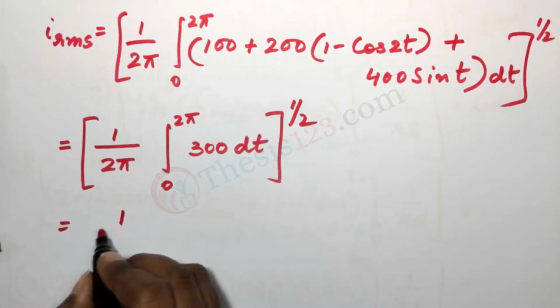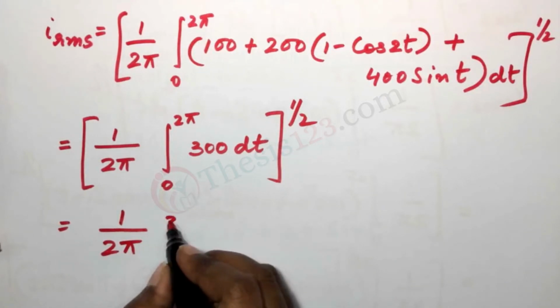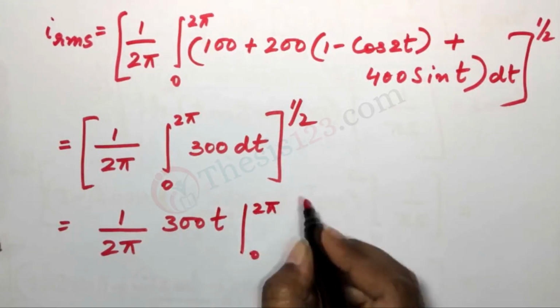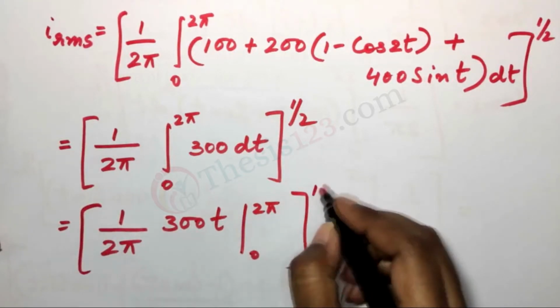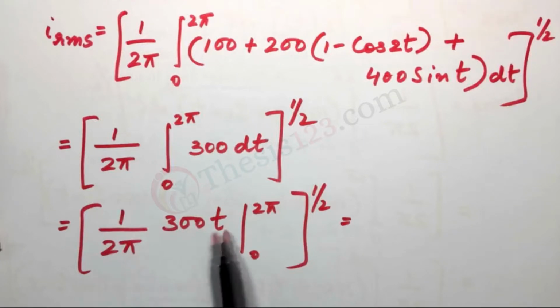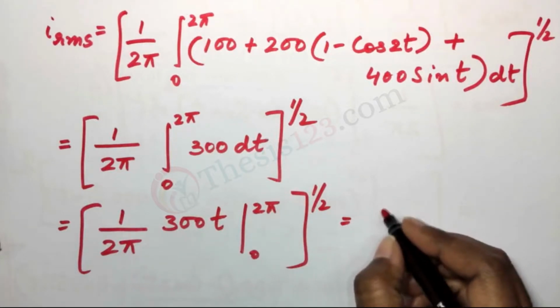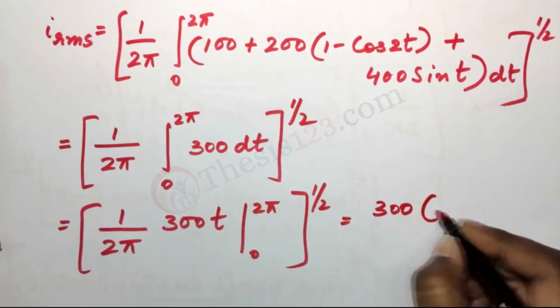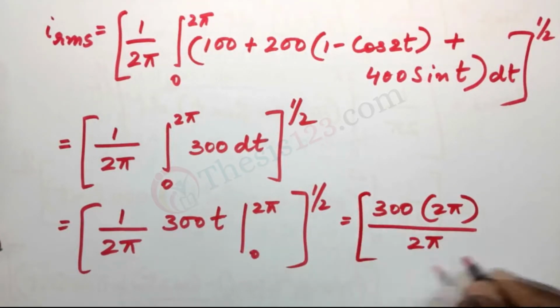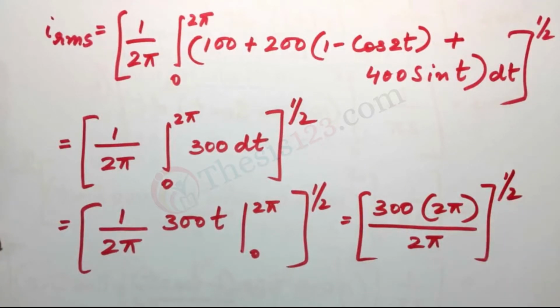Now let's further solve this. 1 by 2 pi, 300 t at 0 to 2 pi, and the whole thing under root. So that's 300 divided by 2 pi into 2 pi, isn't it? So that's 300 times 2 pi divided by 2 pi, to the power of 1 by 2. So here 2 pi cancels out. We are left with only root 300.